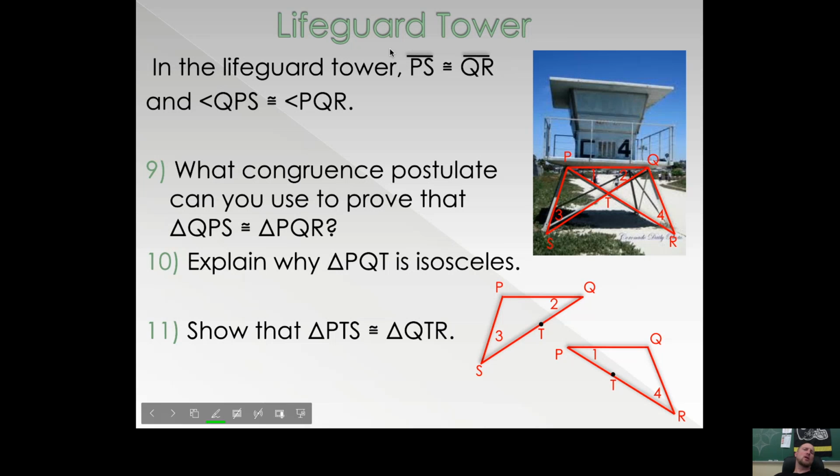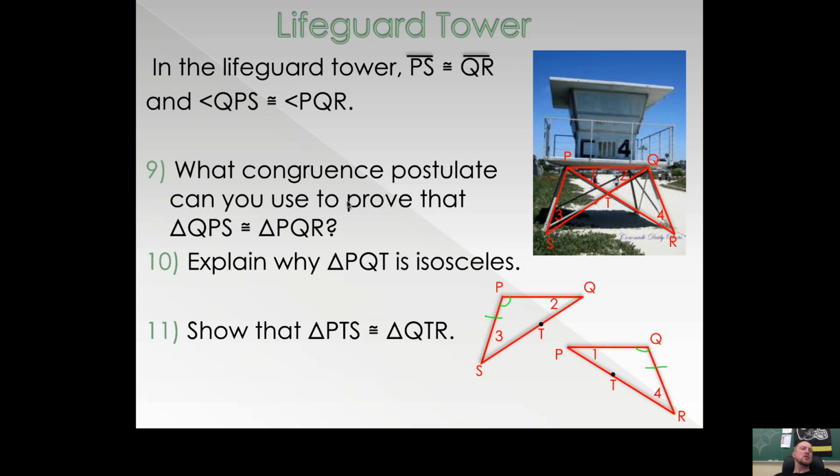Here's a problem on a lifeguard tower where we have some triangles that overlap, and they actually make another triangle here. In the lifeguard tower, segment PS is congruent to segment QR. So we know this, and angle QPS, that would be this angle, is congruent to angle PQR. That would be this angle.